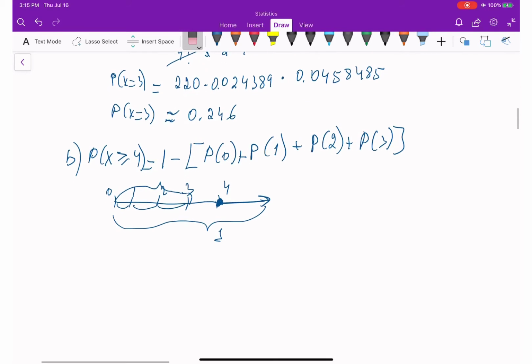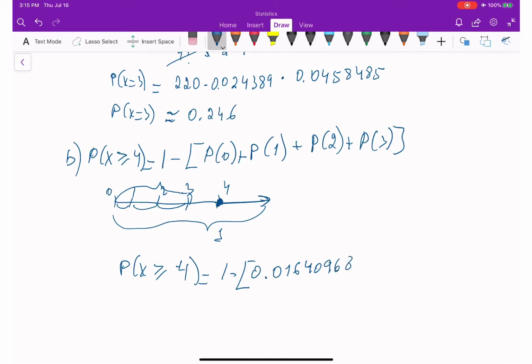And the result is going to be equal to 1 minus 0.01640968.